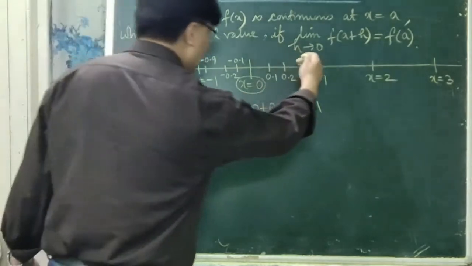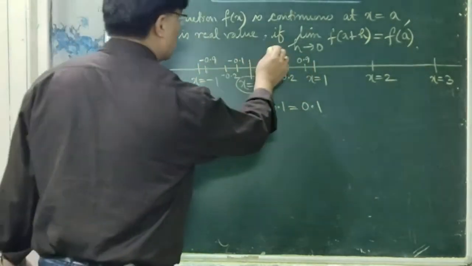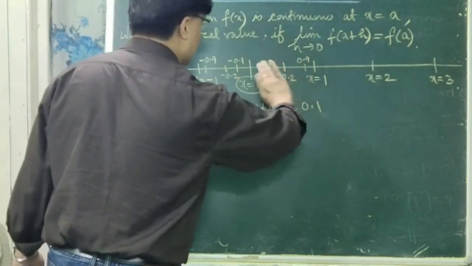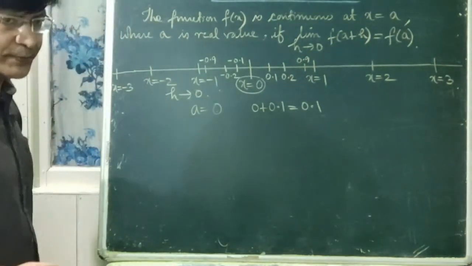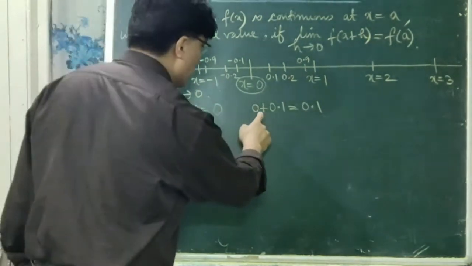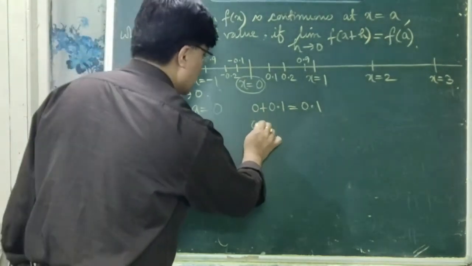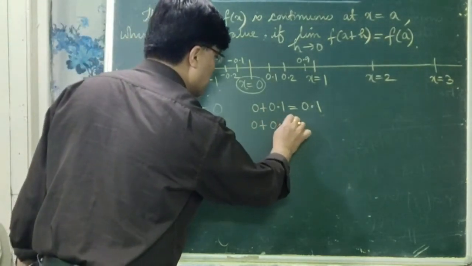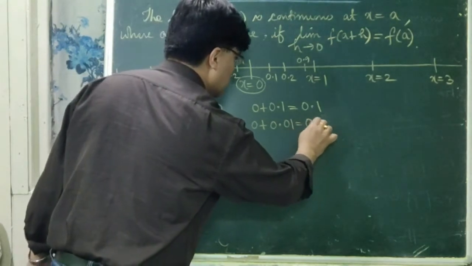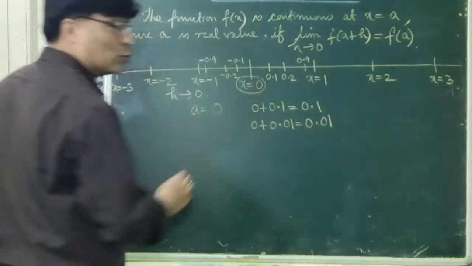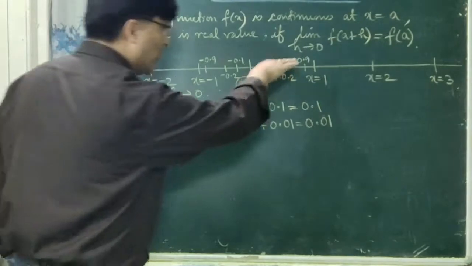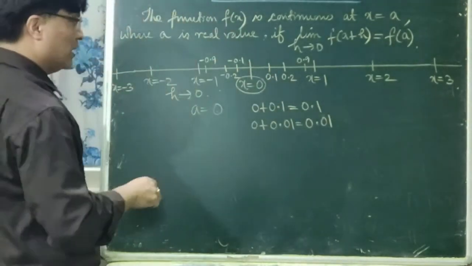That is, all the values of h on the right hand side of 0 here, suppose. So 0 plus 0.1 is equal to 0.1, right? 0 plus 0.01 is also 0.01. We are approaching towards 0 here.